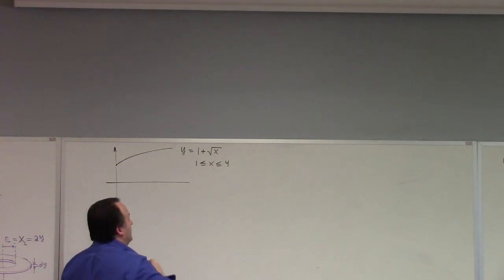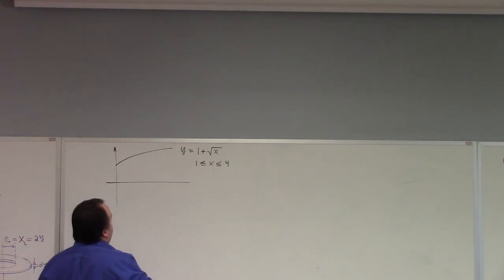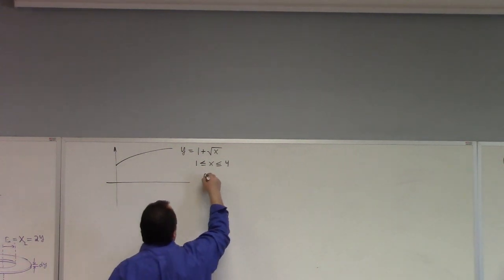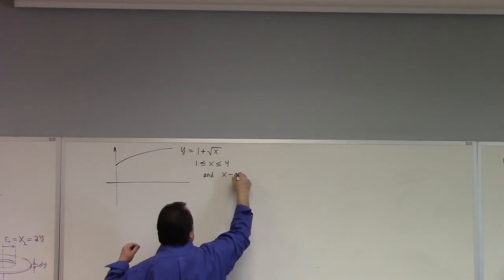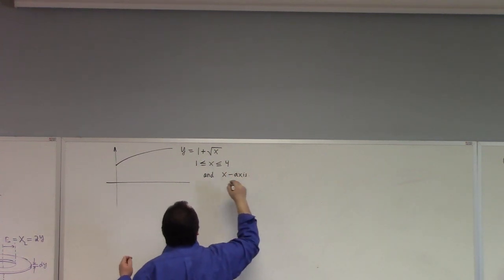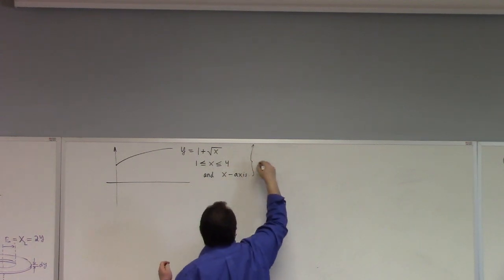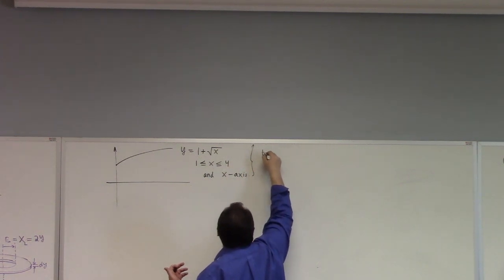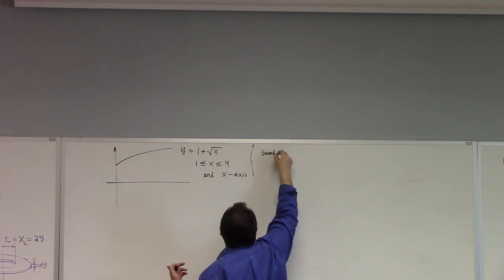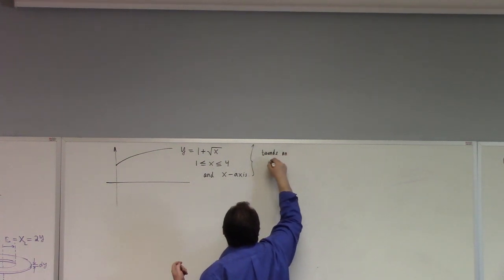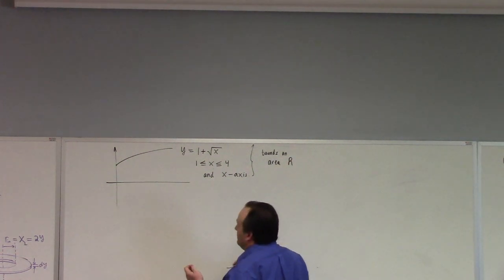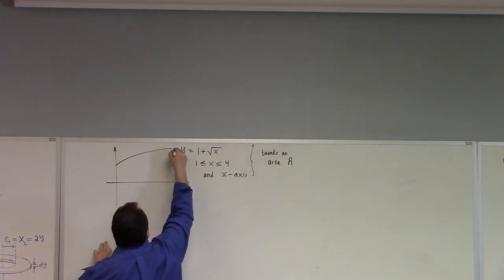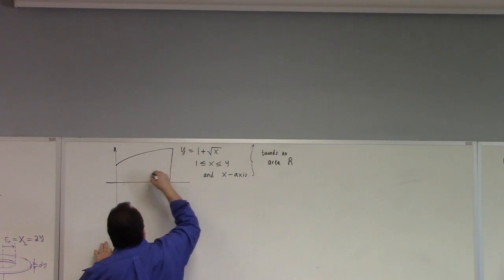All right. And let's do the x-axis. All right. So this is, you know, this bounds an area, right? Let's give it a name. Let's call it R. So here's a picture of that. Yeah?